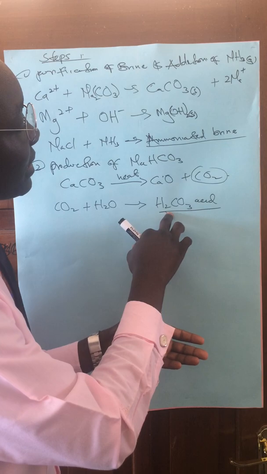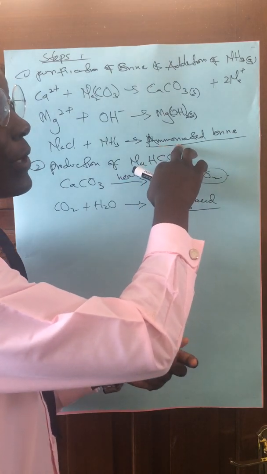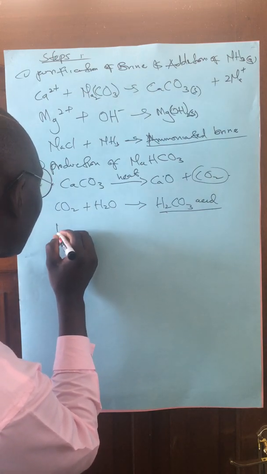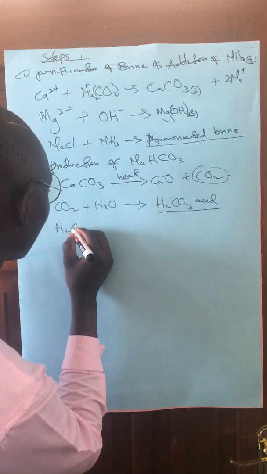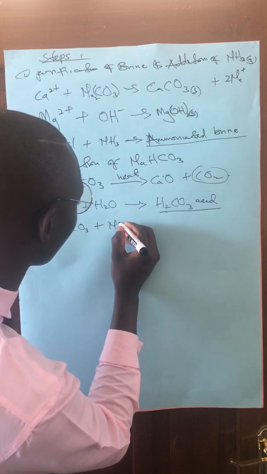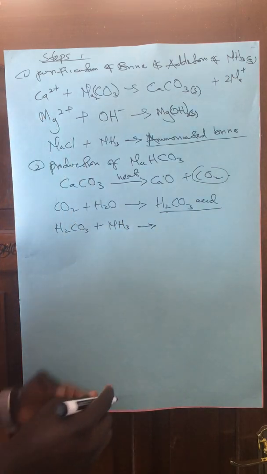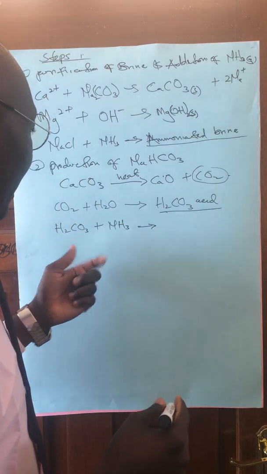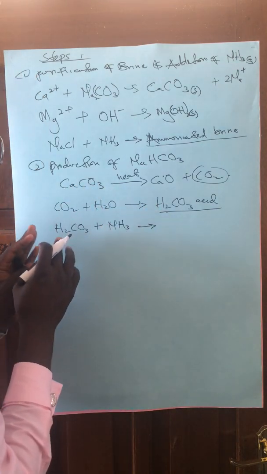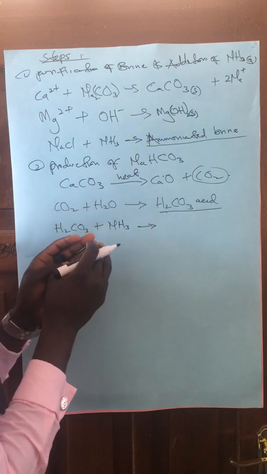This weak carbonic acid is going to react with ammonia, which is a weak base. Let's see what is going to happen.